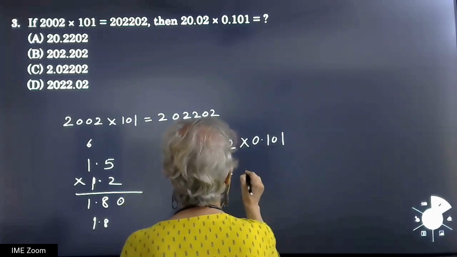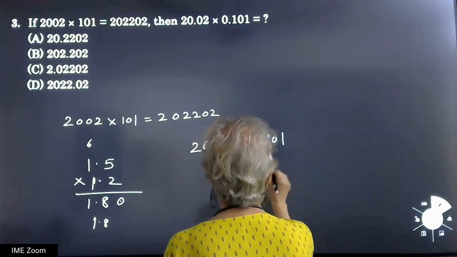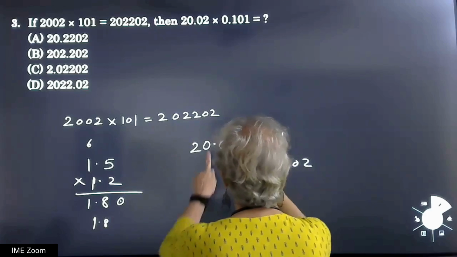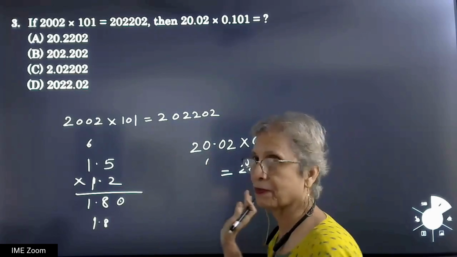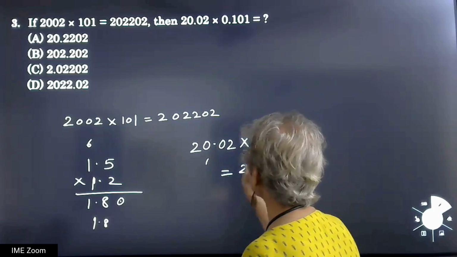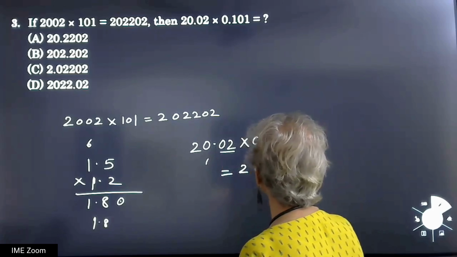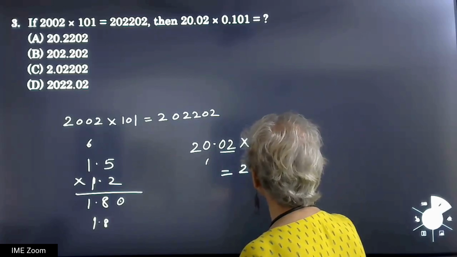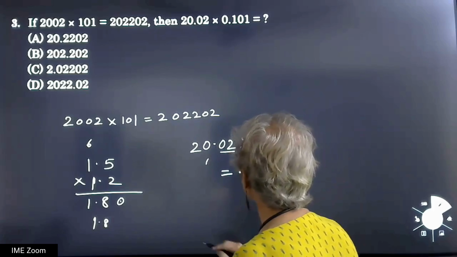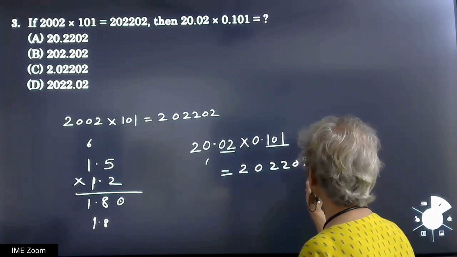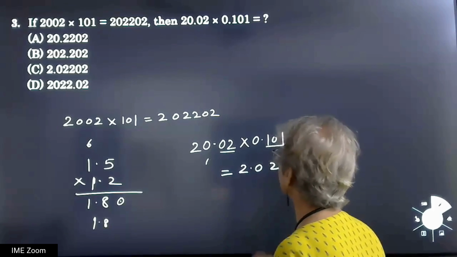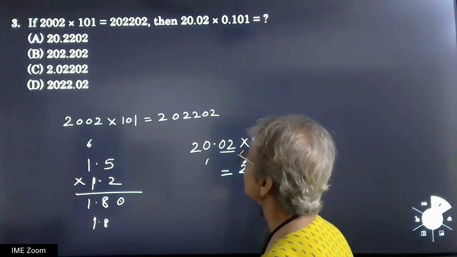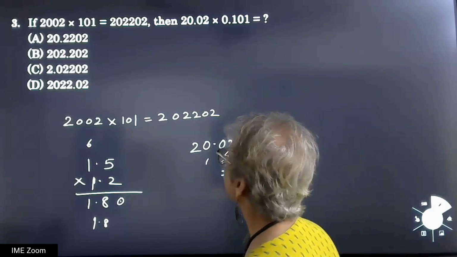So first write all these numbers as they are, 202202, because if we ignore the decimal point, the product will be the same. But now the decimal points are there, so count the number of digits after the decimal point: 1, 2, 3, 4, 5. Then from the right-hand side, 1, 2, 3, 4, 5, and put the decimal point.